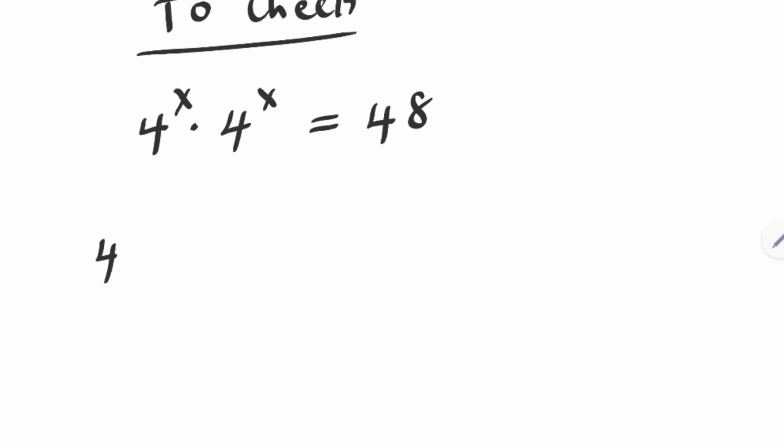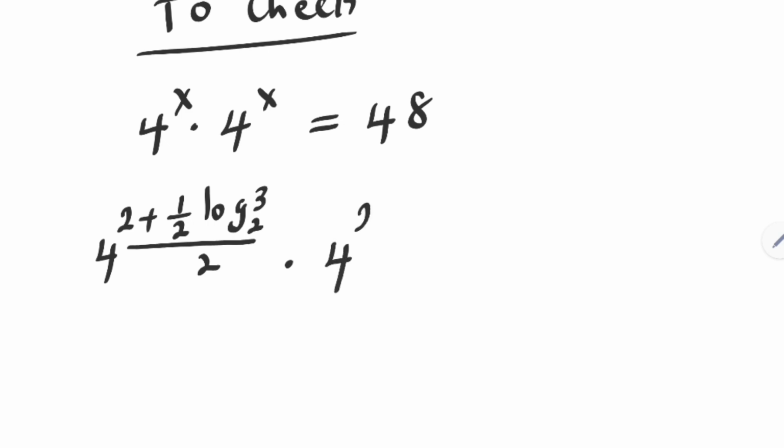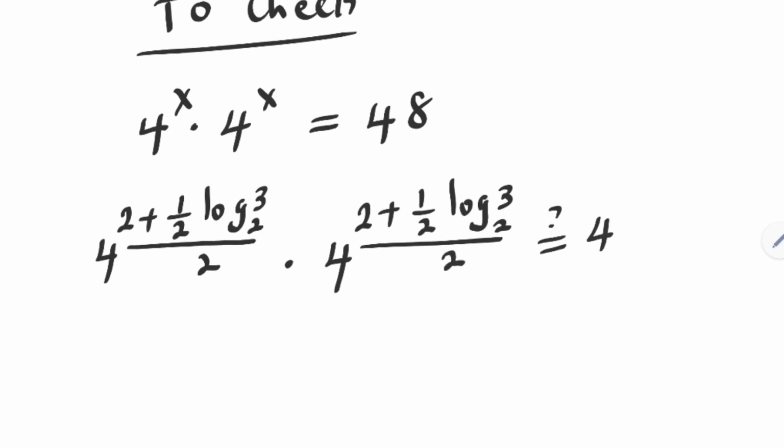This is 4 raised to power 2 plus 1 over 2 log 3 base 2 divided by 2, multiplied by 4 raised to power 2 plus 1 over 2 log 3 base 2 divided by 2, must be equal to 48.